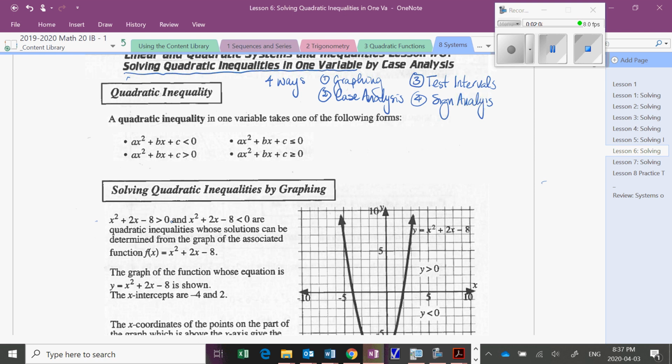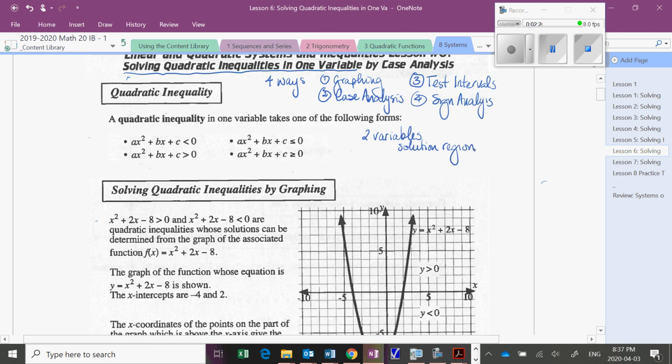The thing to recognize though is one variable versus 2 variables. If we're solving an inequality in 2 variables, first off, you're going to see the 2 variables, x and y, but your solution is a region.